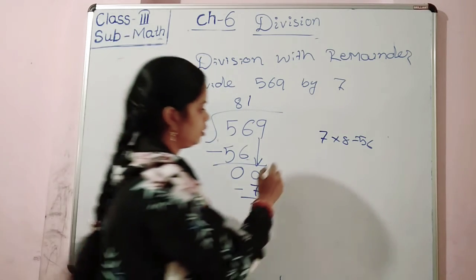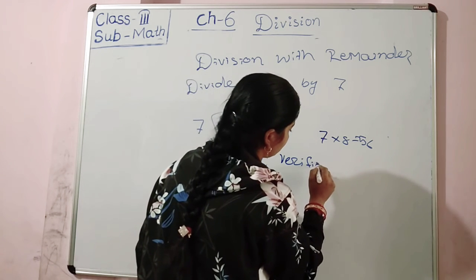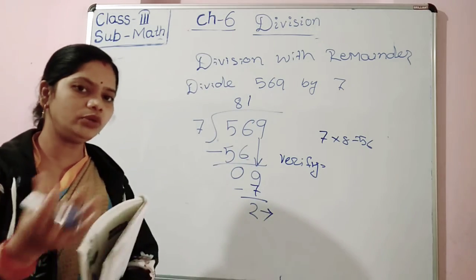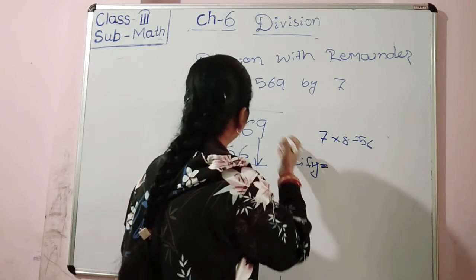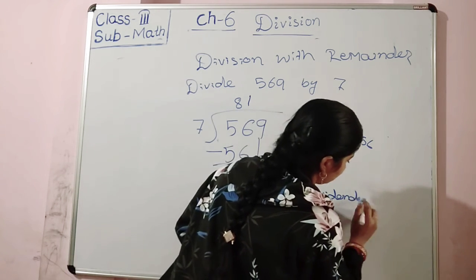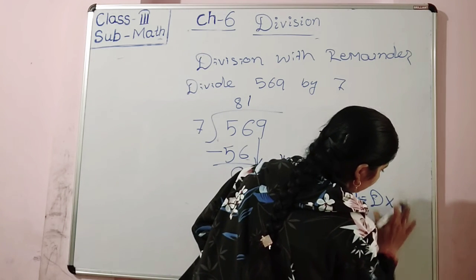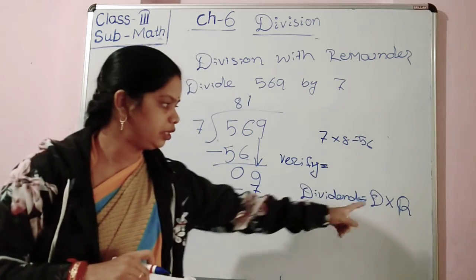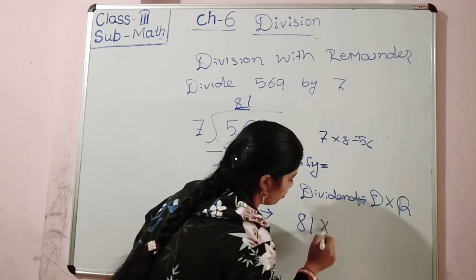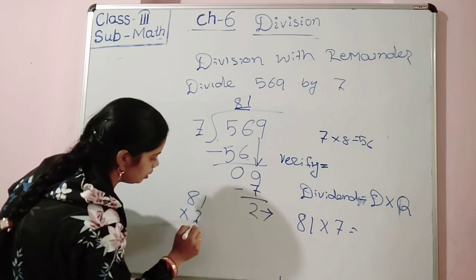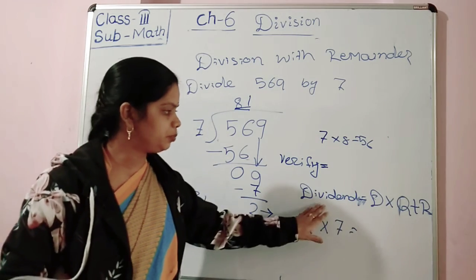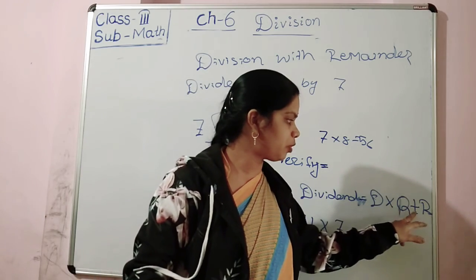Here we verify whether the answer of our division is right or wrong. We know the dividend is equal to divisor into quotient plus remainder.